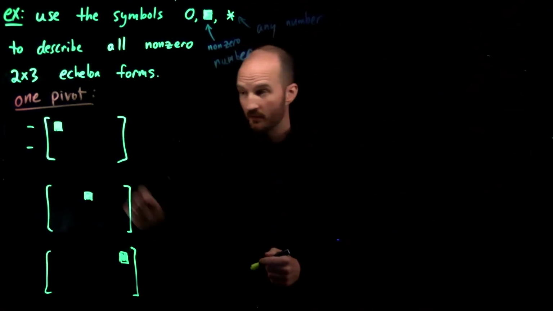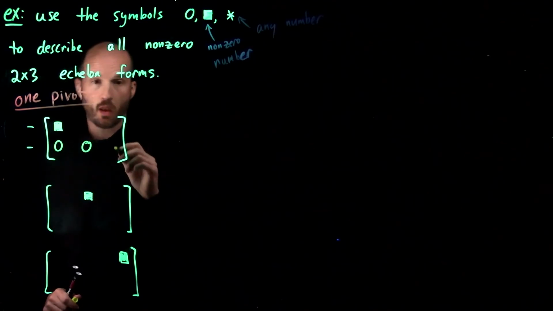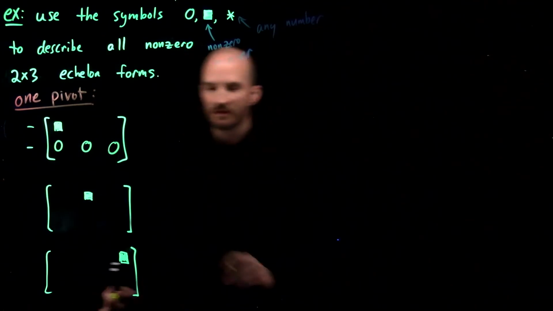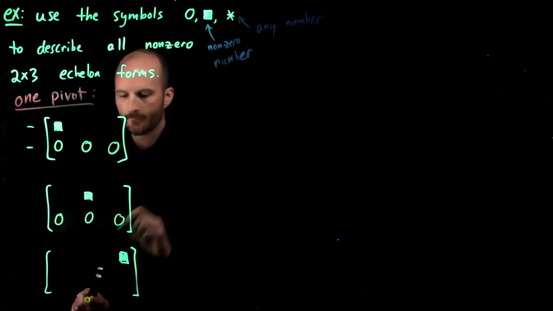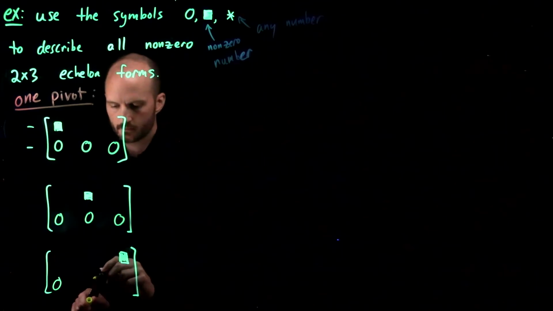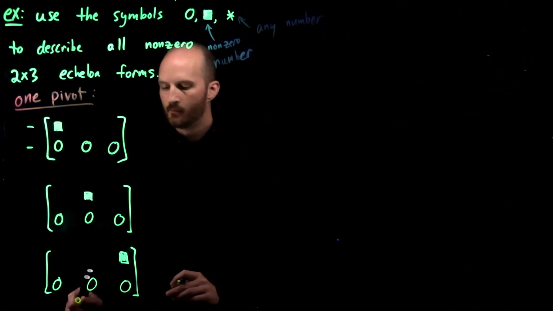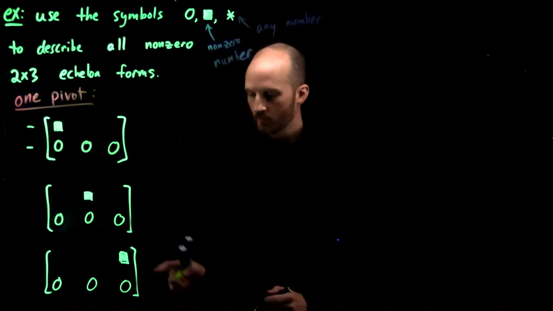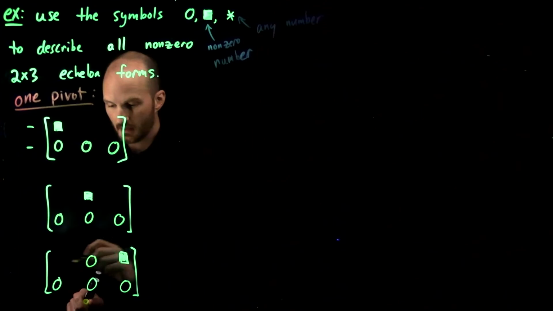Because I have 1 pivot for this one, these have to be zeros. The second row has to be 0 here. And likewise, the second row has to be 0 here, and all zeros there. Now, for this to be a pivot, I'm going to need to have zeros here.